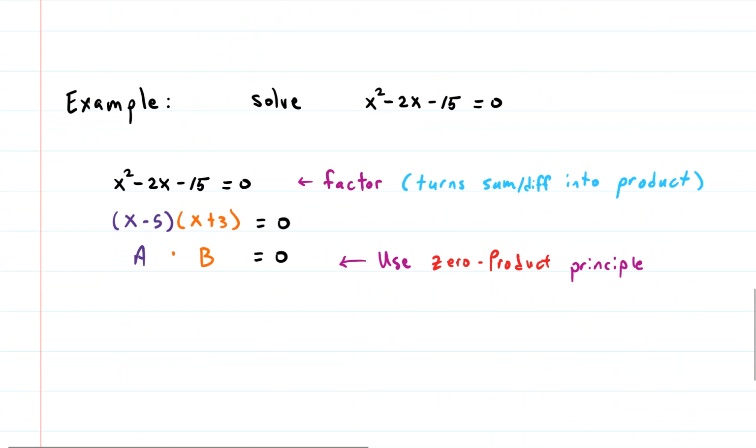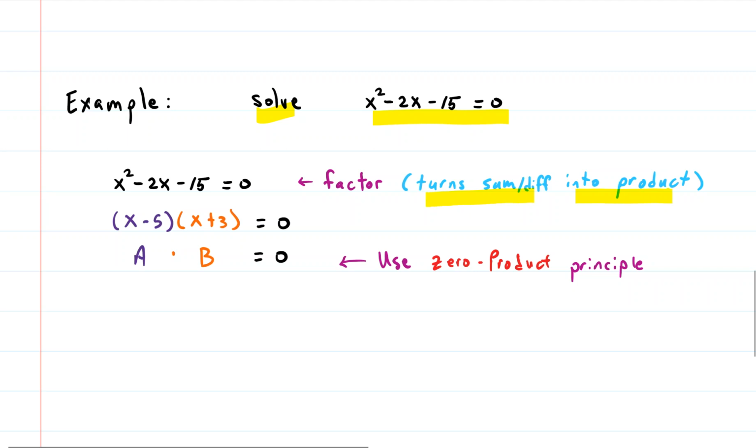Here's a quick example. Say I said solve this quadratic equation, x squared minus 2x minus 15 equals 0. Well, you would take this quadratic equation and you would factor it. The reason that we factor is because factoring turns a sum or a difference into a product.